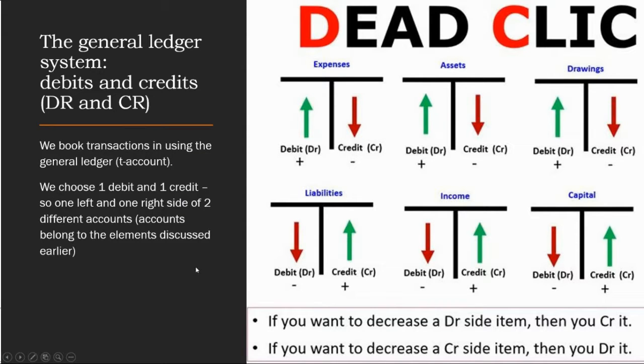Okay, now what is very important to remember is we choose one debit and one credit. So you have to have at least one debit, one credit. When we get to your VAT component, then you might have two debits and one credit, or one debit and two credits. But the basis of that equation, whatever is on the debit side, the total will always agree with the total on the credit side.